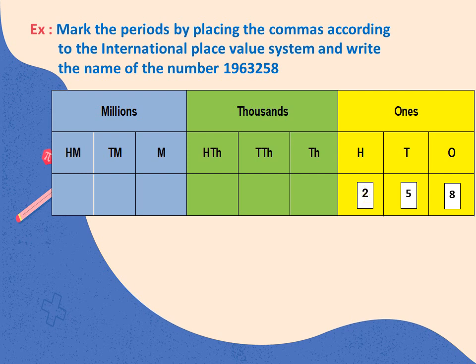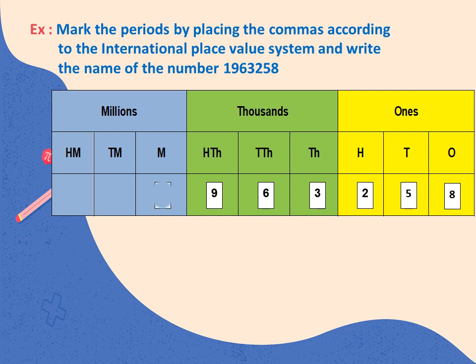So the digits 2, 5, 8 are in ones period. Next, 3 comes in thousands place, 6 comes in 10,000s place, 9 comes in 100,000s place. So the digits 9, 6, 3 are in thousands period.